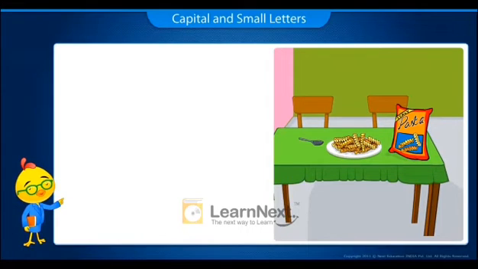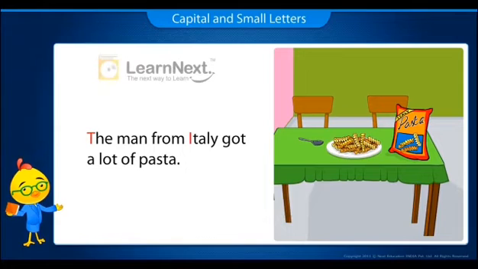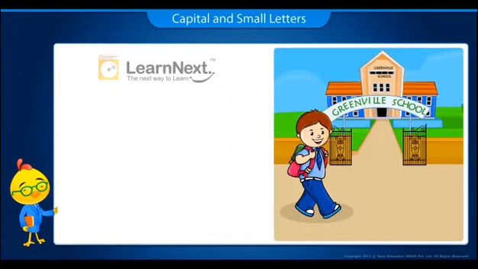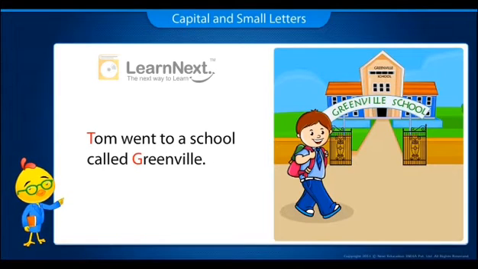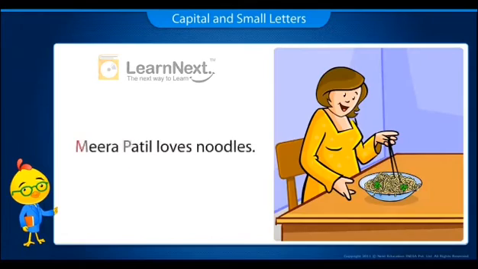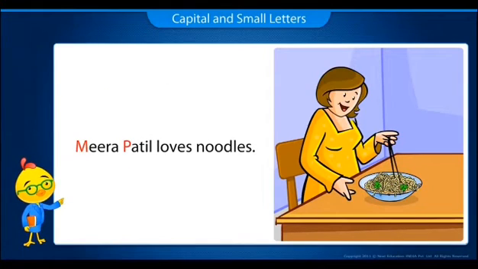Now we'll see the next sentence. The man from Italy got a lot of pasta. Italy is the place. T and I are the capitals over here. Tom went to a school called Greenville. T and G. Meera Patil is her full name. Meera Patil loves noodles.